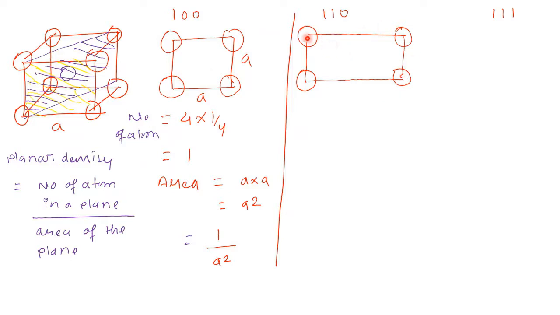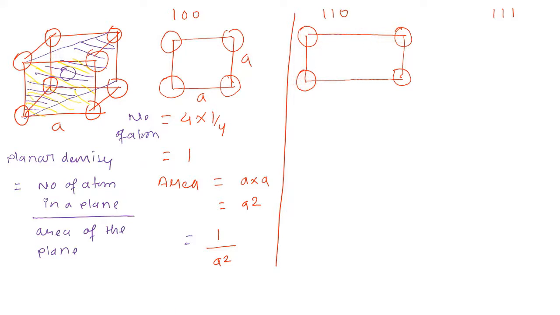In the 100 plane, the two lengths are similar because it is a square, while this is a rectangle. This length is longer compared to this length, which is why in my representation this length is larger and this one is smaller.